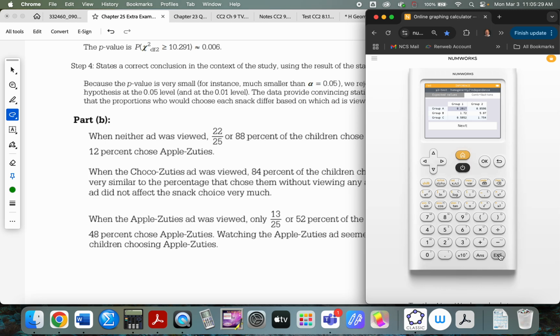The Apple Zooties and who chose the Apple Zooties are the biggest.